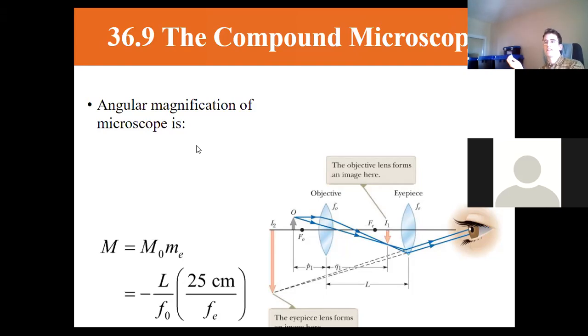You can then figure out how much bigger the image is going to be depending on the length of the microscope and the focal lengths of your objective and your eyepiece. The more expensive microscopes have really good lenses with really small focal lengths so that the magnification is even bigger.